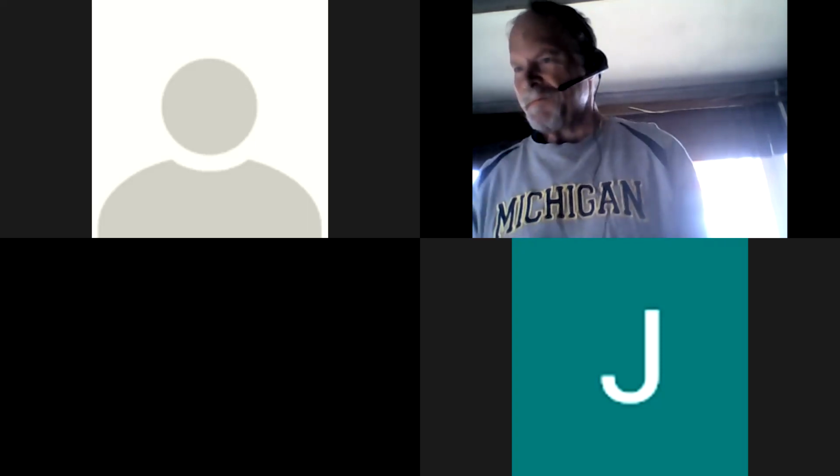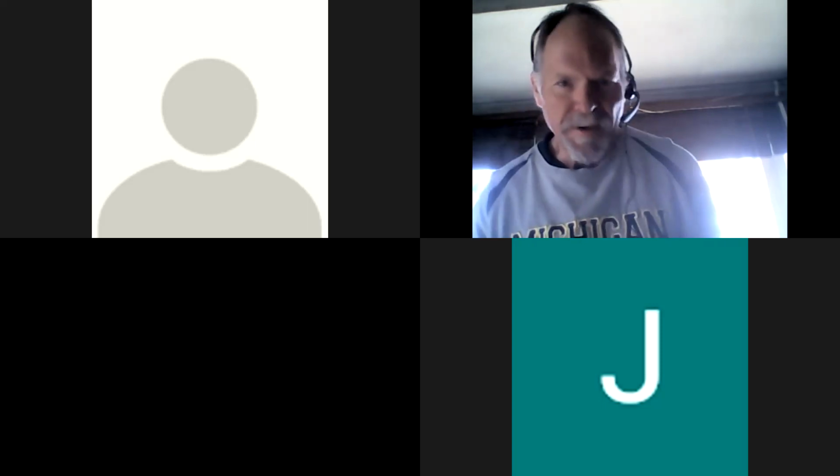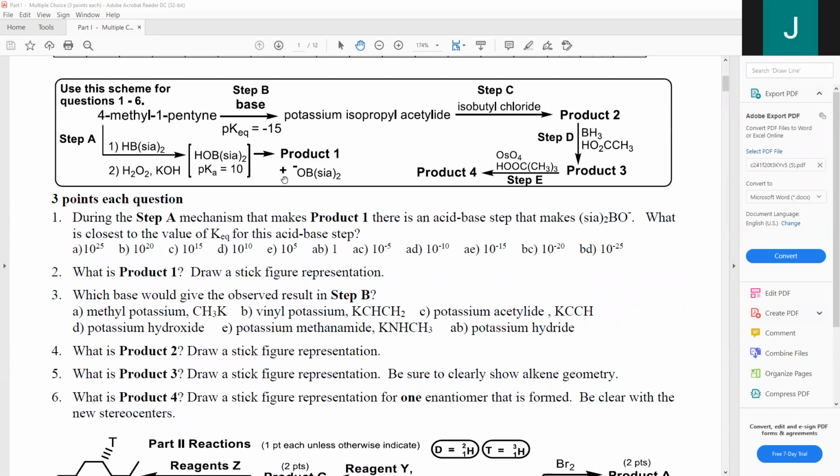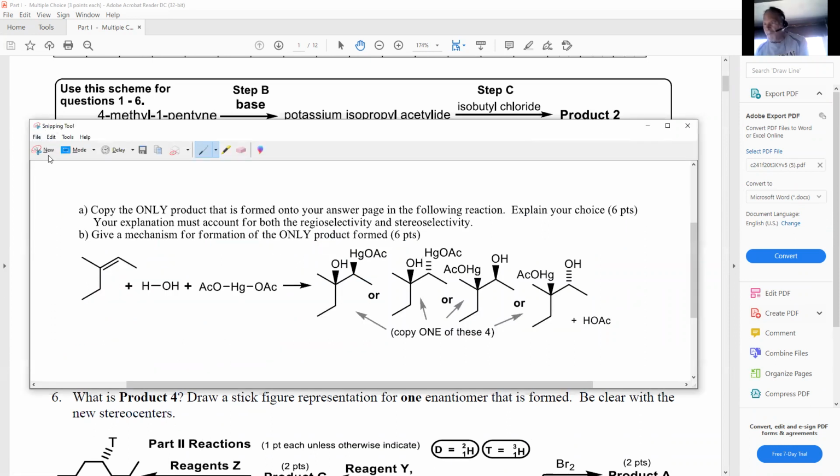So part 1, we're not sharing here, are we? We're talking about going from here down here? Yes. All right. So what we have in that reaction is the acid base part goes from here to here. So the acid base step, I can't write there.